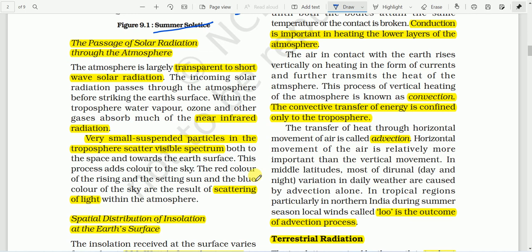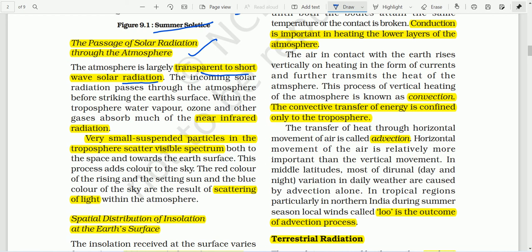Next, we have the passage of solar radiation through the atmosphere. This factor we have already discussed, but let us read again. The atmosphere is largely transparent to short wave solar radiation. That means this short wave solar radiation can pass easily through the atmosphere and hit the surface of the earth.